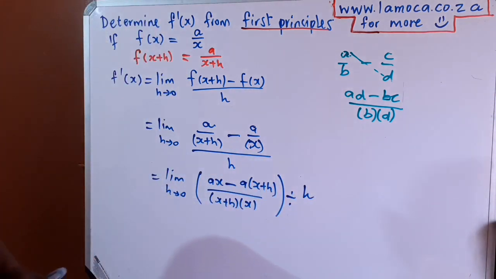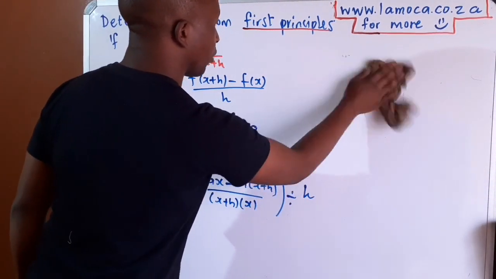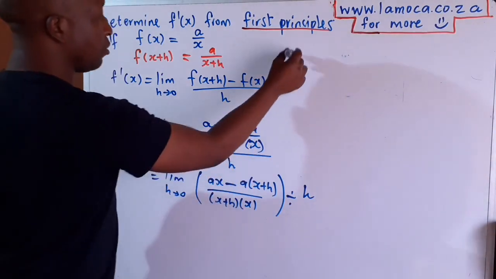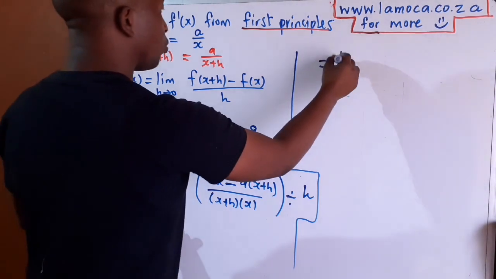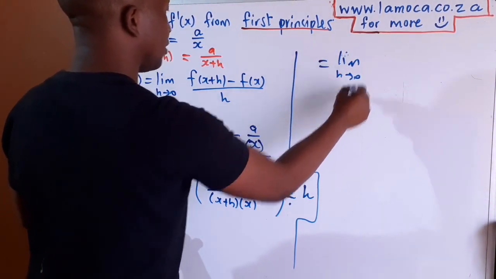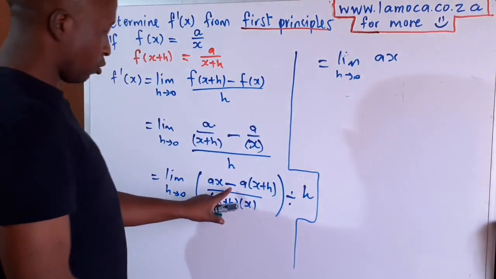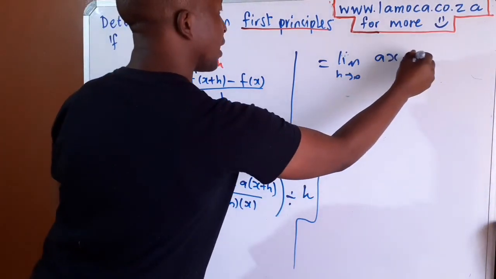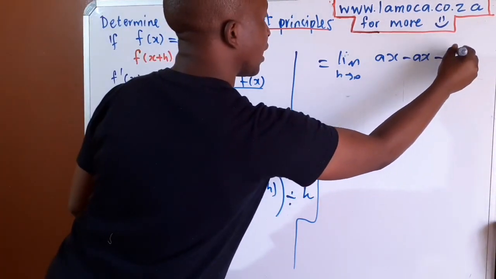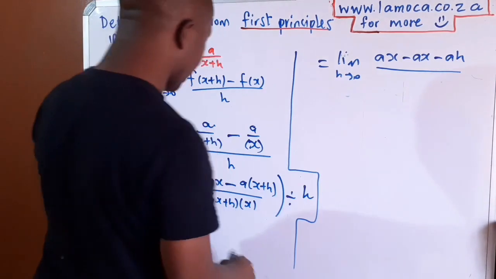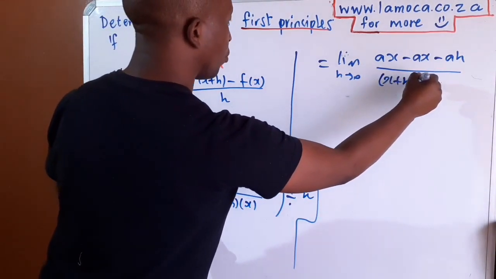Okay, cool. And then from here, I'm now going to finish it off here on the side, because we're not going to have enough space if we keep going down. All right. So now this is going to be equal to the limit as h approaches 0 of, that's ax on top there, minus ax, and then that's going to be minus ah, divided by, don't multiply those brackets, leave them the way they are, x plus h into x.